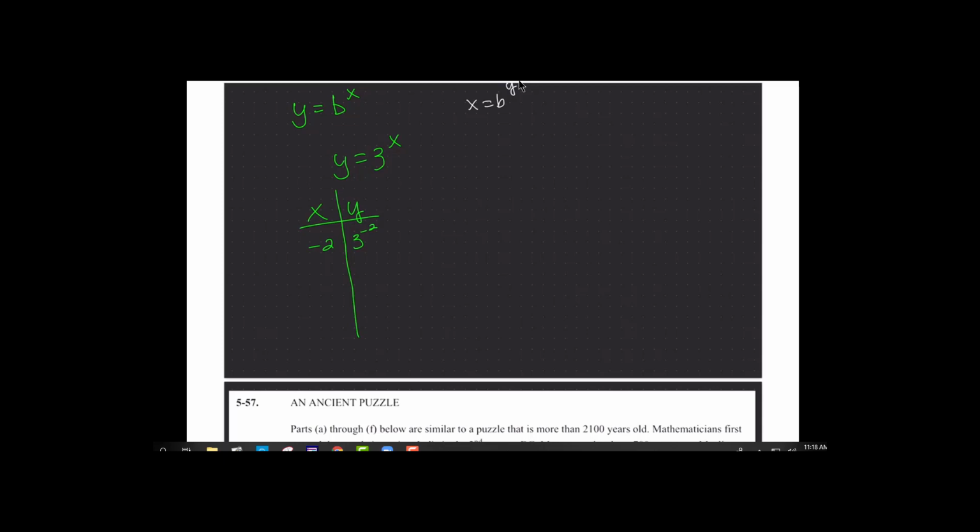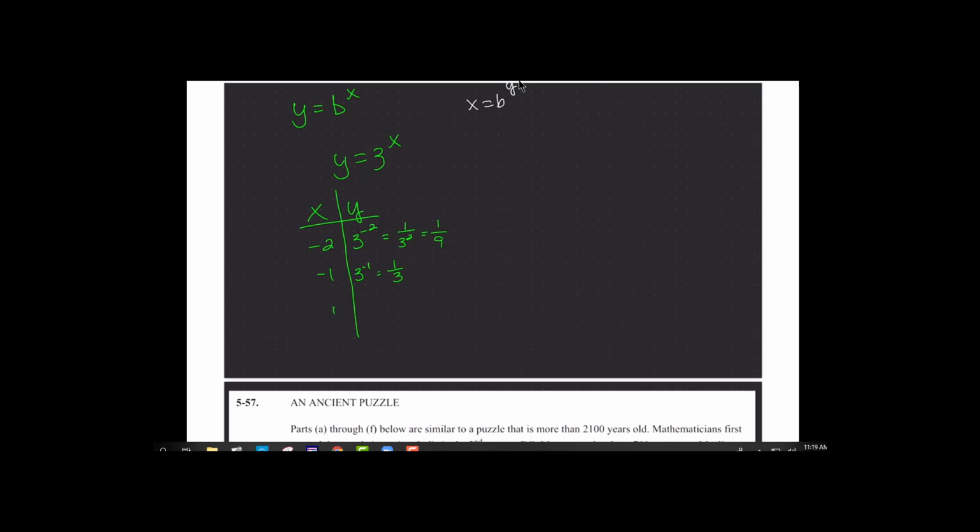It changes from numerator to denominator, so this would be 1 over 3 squared, which is 1/9. Good job. If I put in negative 1 for x, I would get 3 to the negative 1, which is 1/3.